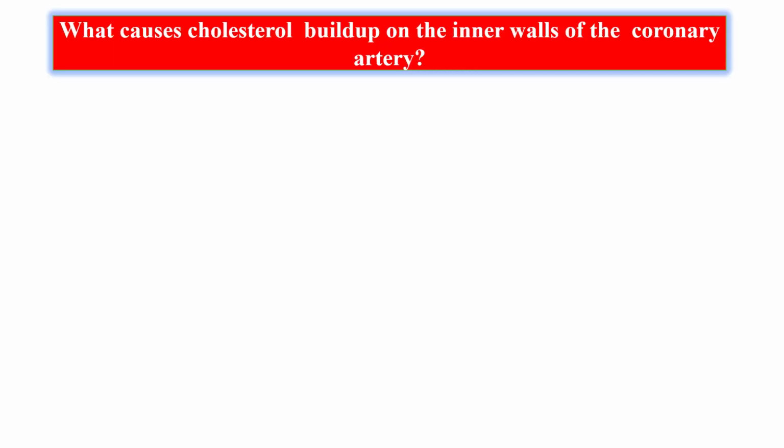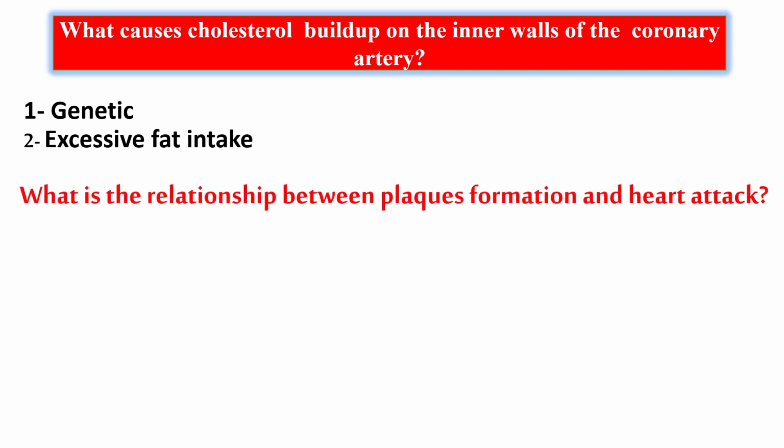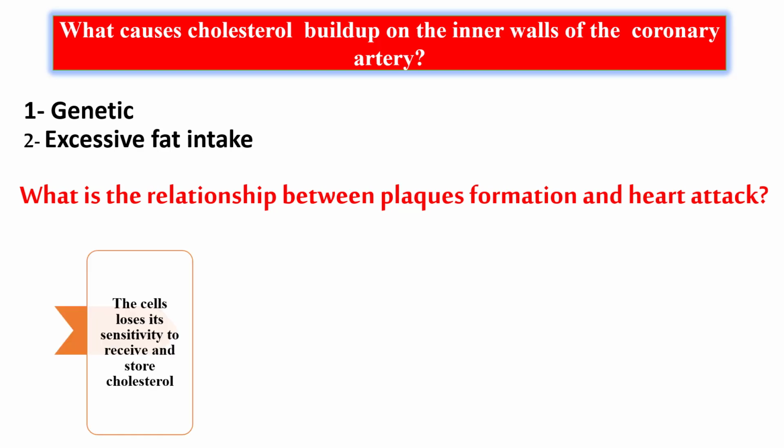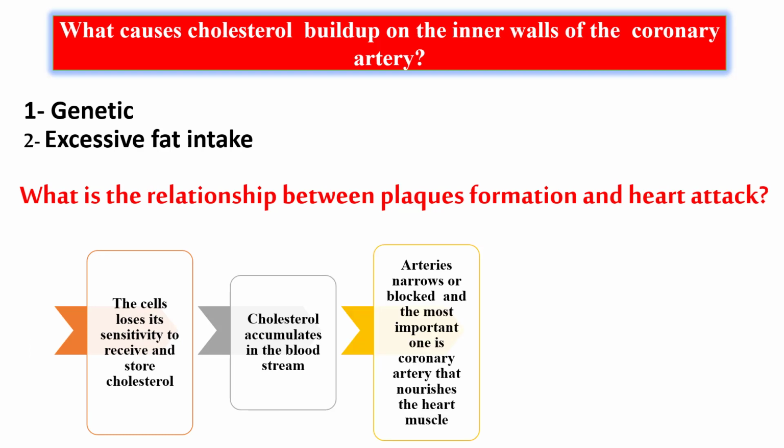What causes cholesterol build-up on the inner wall of the arteries? There are two causes, which are either genetic or excessive fat intake. What is the relationship between plaque formation and heart attack? The cells lose their sensitivity to receive and store cholesterol. Cholesterol is accumulated in the bloodstream. Arteries narrow or block, and the most important one is the coronary artery that nourishes the heart muscle.